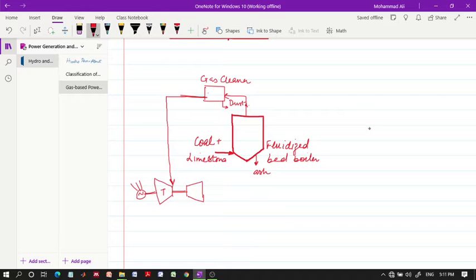We are going to feed air into this compressor, and compressed air will come out of it and go inside this chamber. So this completes our cycle, right?